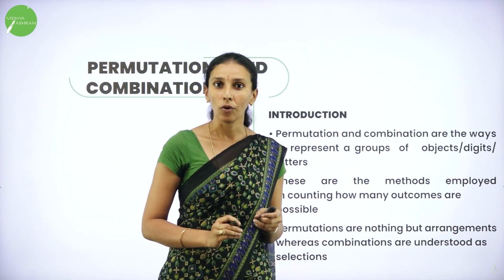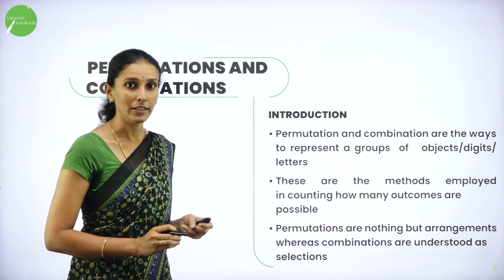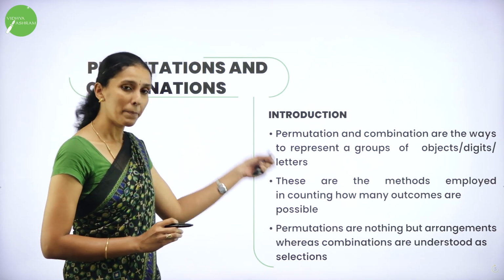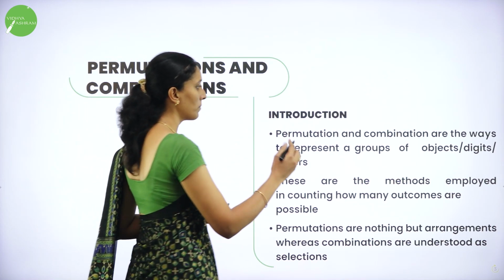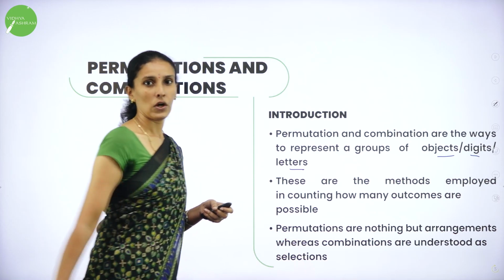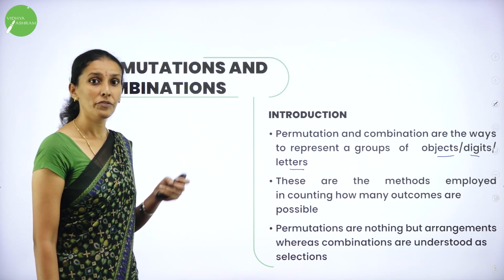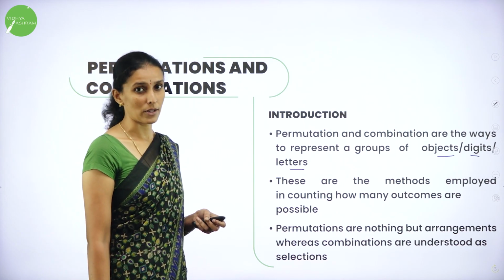Therefore we can say that permutations and combinations are the ways to represent a group of objects or digits or letters. Next, these are the methods used to find how many outcomes are possible.